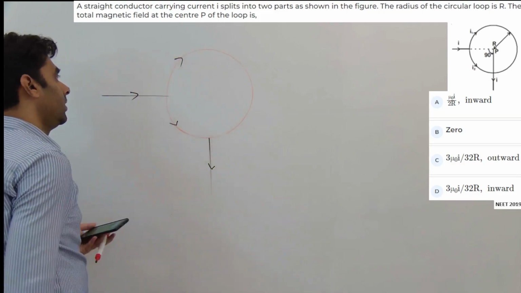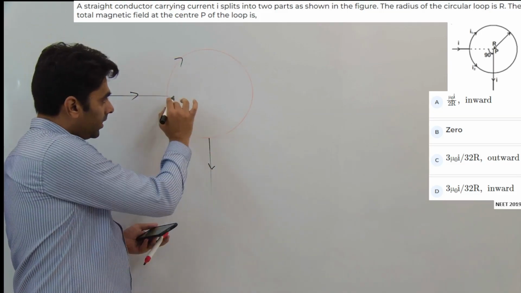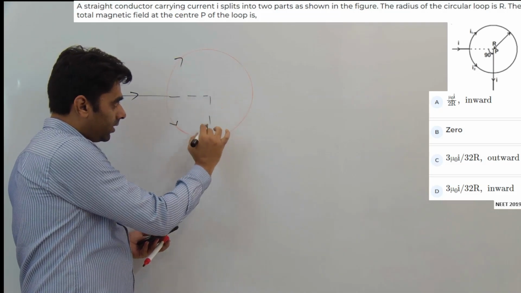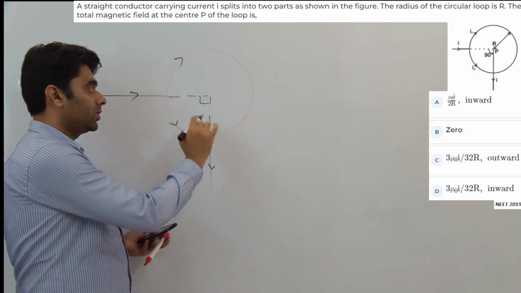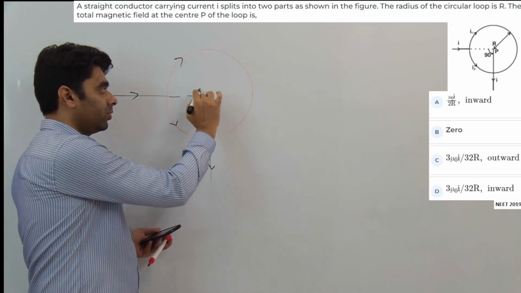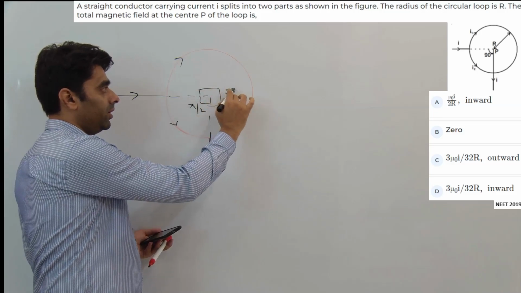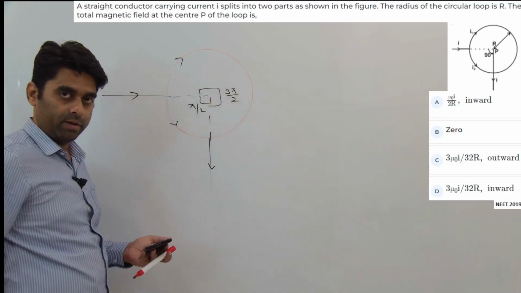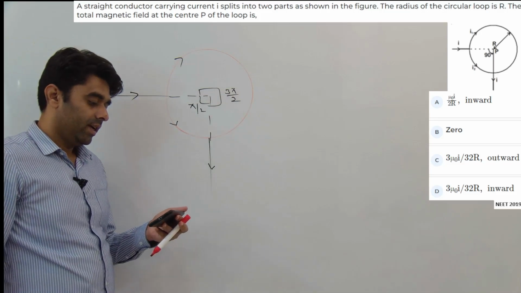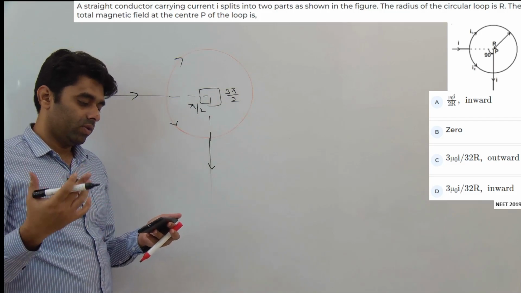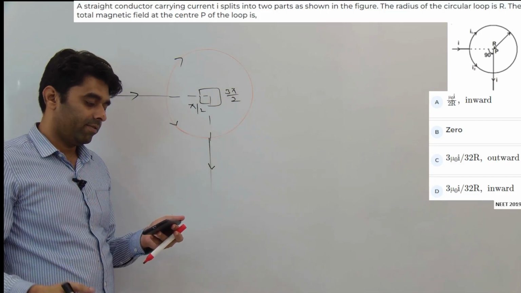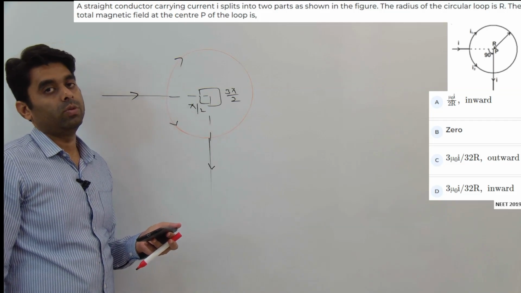Now, as you can see, the angle over here is pi by 2, so this angle will be 3 pi by 2. Next, it says the radius of the circular loop is r. The total magnetic field at the center P of the loop is?